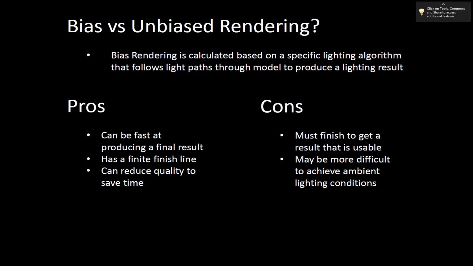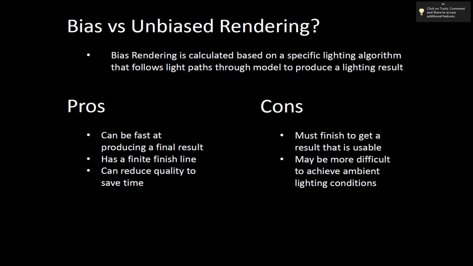But just to talk about a couple of the differences, biased rendering is based off of calculations that are algorithms produced by the computer, and it essentially follows the light paths through the model, bounces them a finite number of times which you specify. And so it can be really low tech or really photorealistic and super high quality.